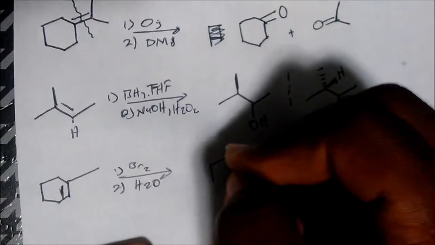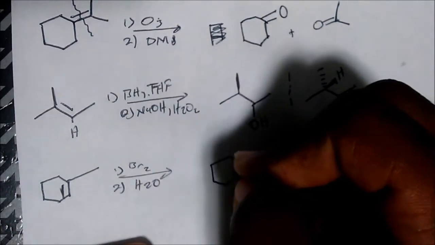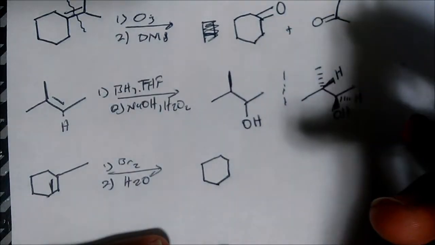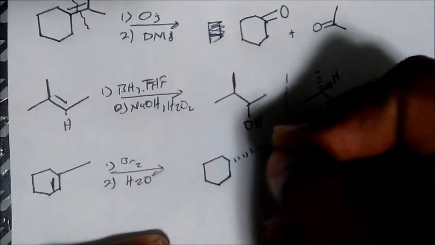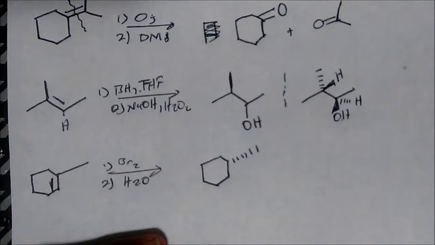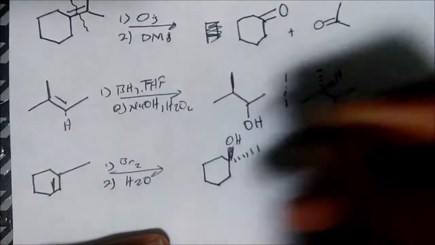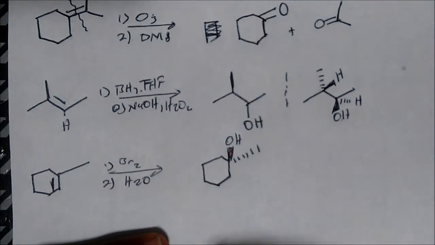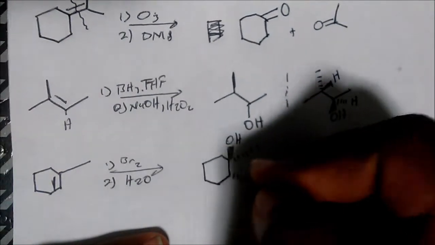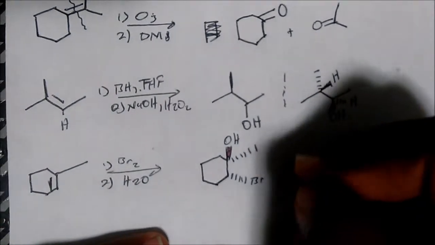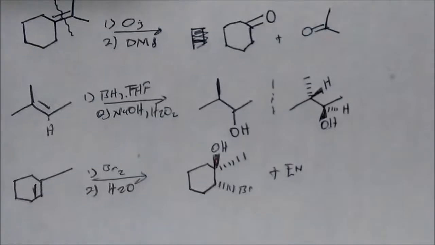So our OH will be on the more substituted part of the carbon-carbon double bond, and our halogen will be on the least substituted. So maybe we could give this CH3 a dash, and the OH a wedge. And then because they're anti-addition, that means my bromine, or my halogen, has to be going away from you. Now, because they're chiral centers, I'm also going to get the enantiomer.